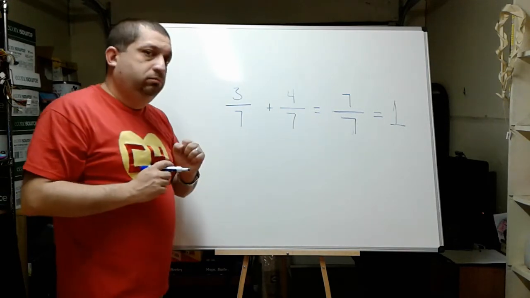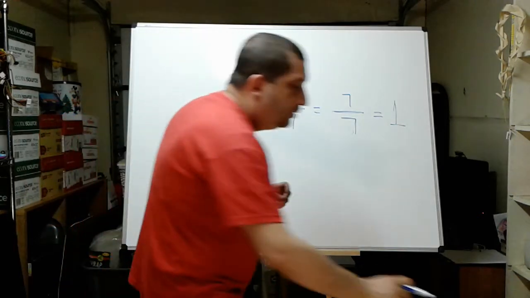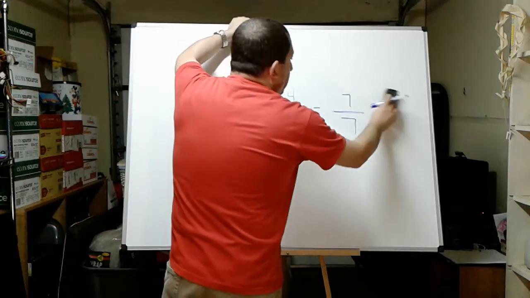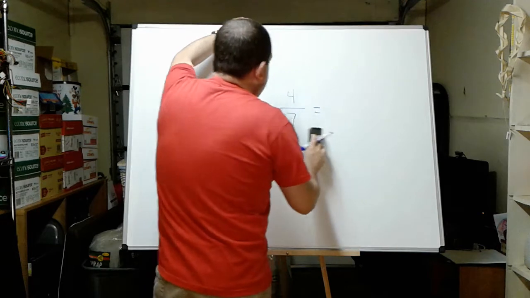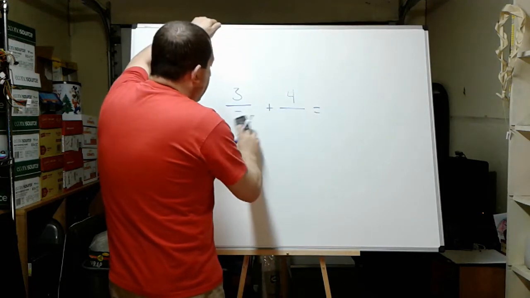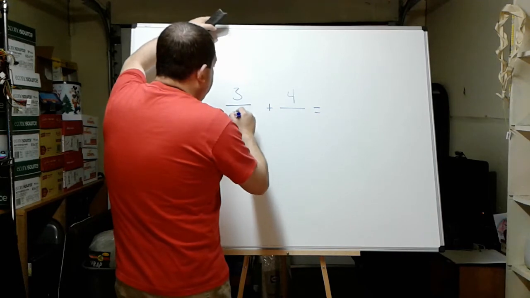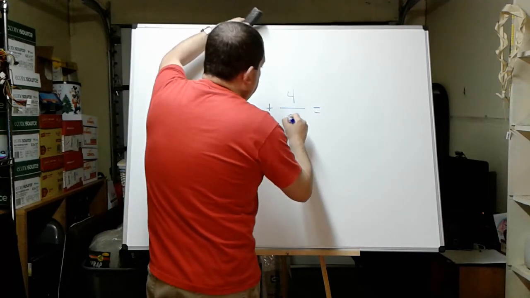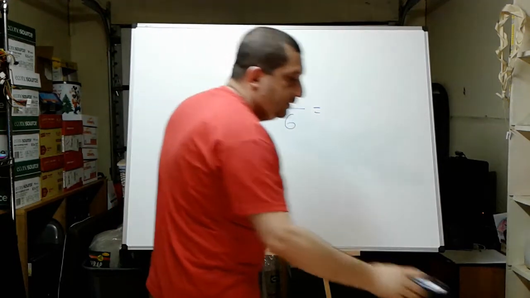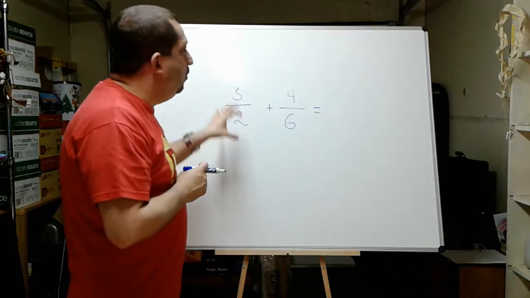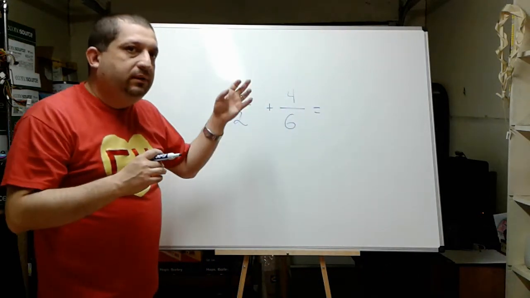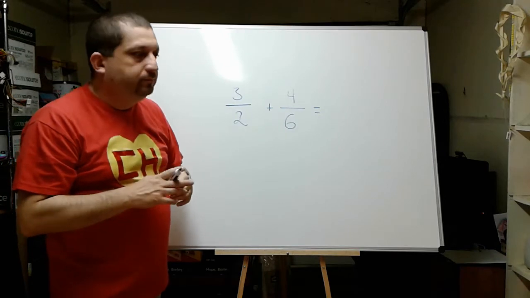Okay? Now, but what if, and this is going to happen on your GED exam, what if, for example, we have this situation where we have two fractions, but the denominators are not the same.